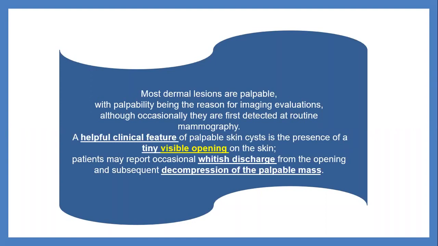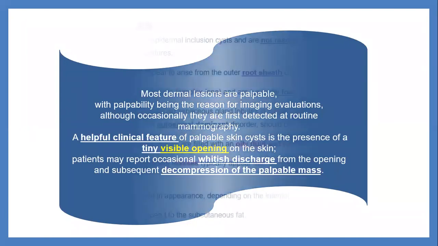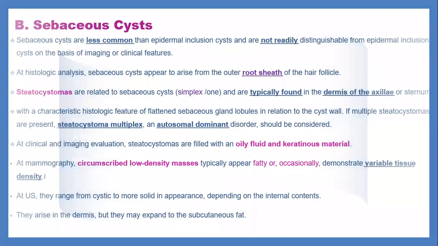If you see a tiny visible opening in the skin, and you put your probe, you might see a tract. This is characteristic for this type of skin cyst, and sometimes you might even see a whitish discharge, and by squeezing this you can decompress the palpable mass. This is very characteristic for this type of dermal or skin cyst.